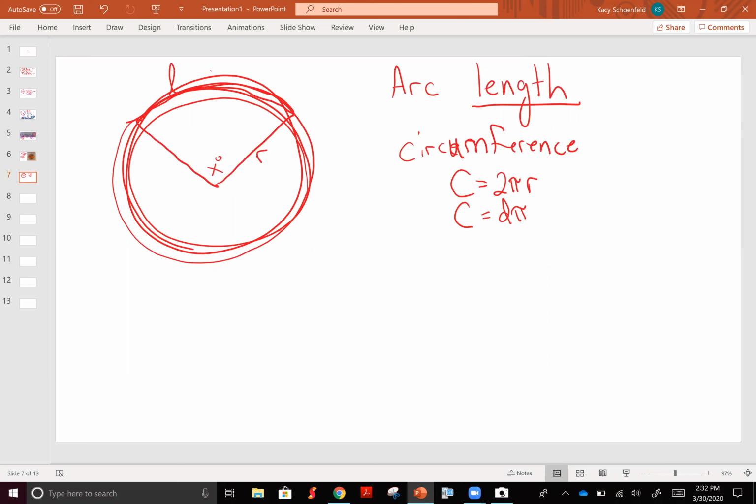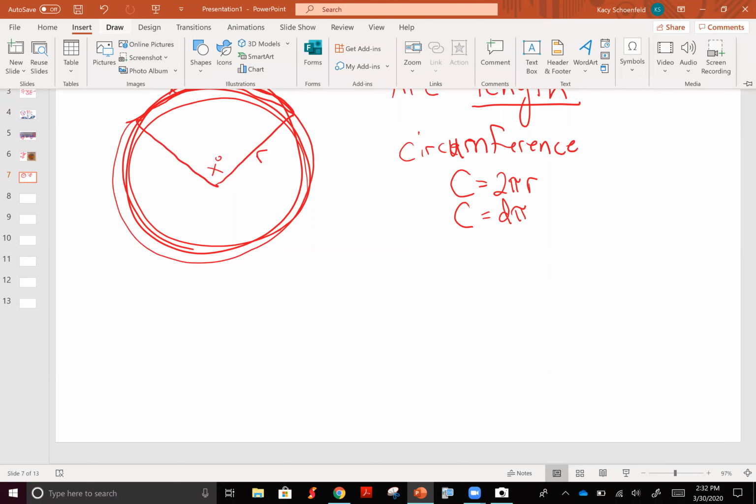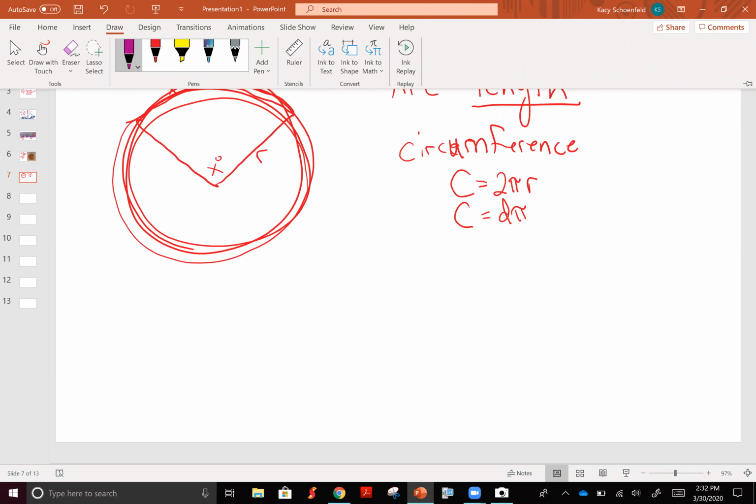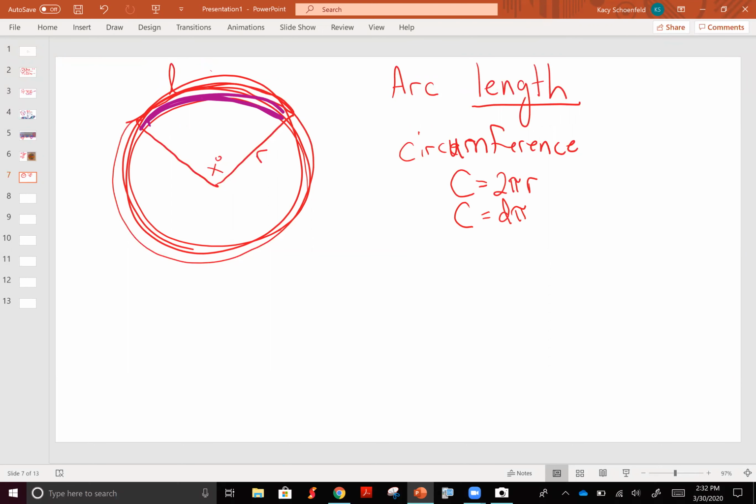But I only want one small portion of this. I only want this piece right here. So we're going to multiply that by the angle over 360. Either one of my formulas is fine. I'm going to have my angle over 360 times the percentage that we were just doing.